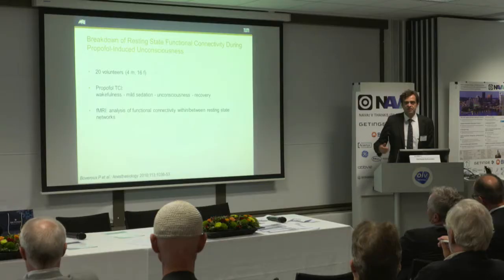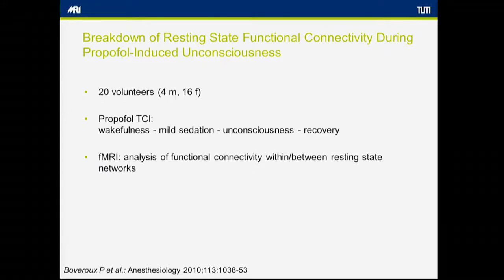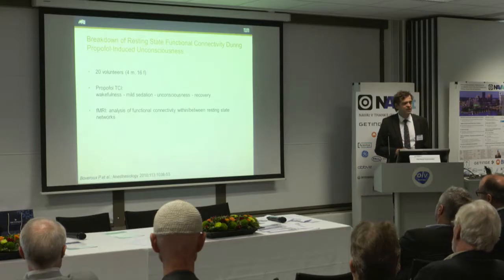About at the same time, there was this groundbreaking Belgian study about the effect of Propofol on resting state functional connectivity during Propofol-induced unconsciousness. The study group from Liège was looking at 20 volunteers, and they induced Propofol target-controlled infusion until unconsciousness, and they analyzed functional MRI.